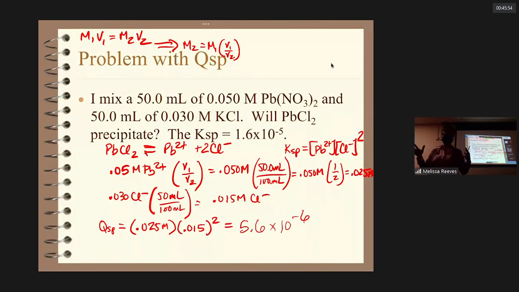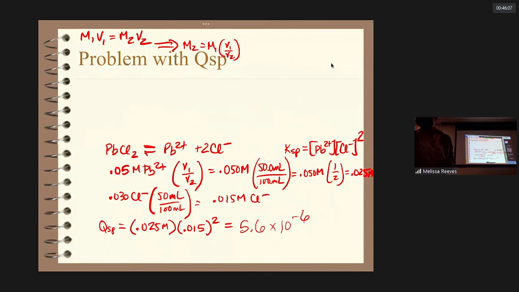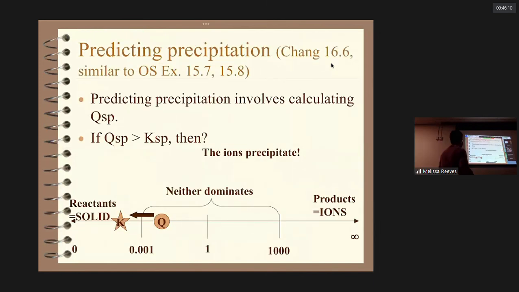Remember, the question that we're actually asking here is not what is QSP, it's will the lead chloride precipitate? Here's our QSP, 5.6 times 10 to the minus 6. To get it to precipitate, our Q needs to be bigger than the K. And we just got a Q that was less than K. So the direction towards equilibrium is towards more ions.